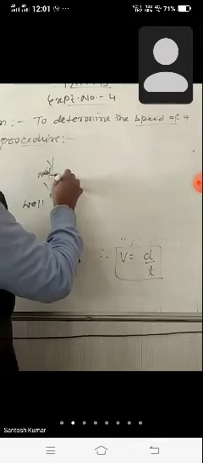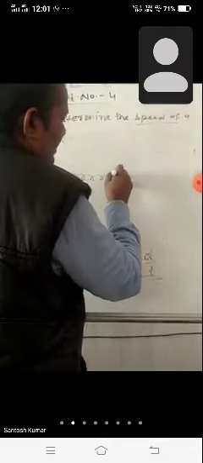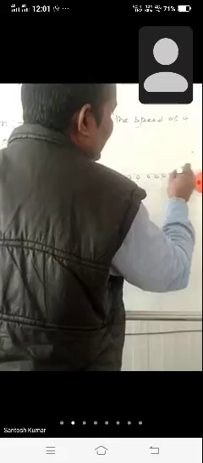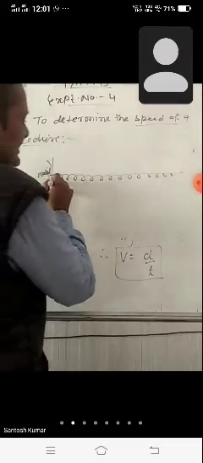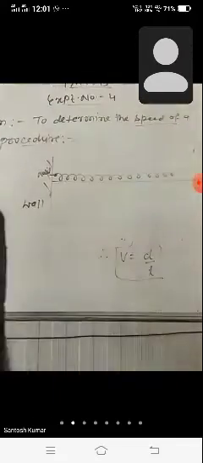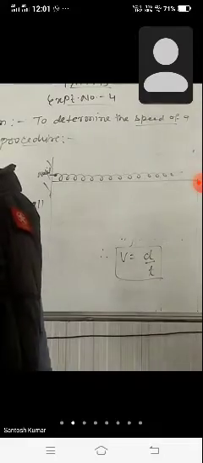The slinky is stretched by fixing it on one end, or you can take it on a table. On a table, you can also take it. So in the materials, for a table, it is just stretched.